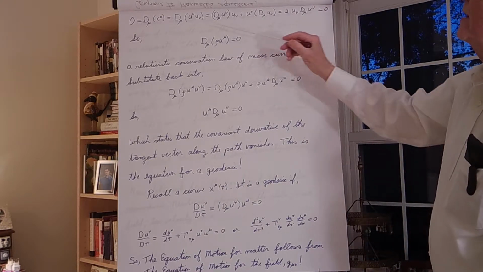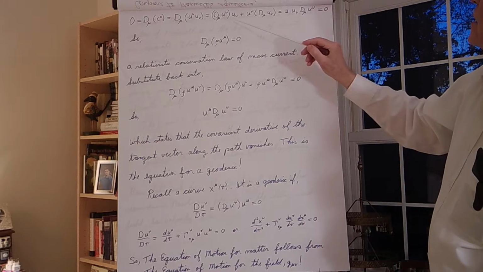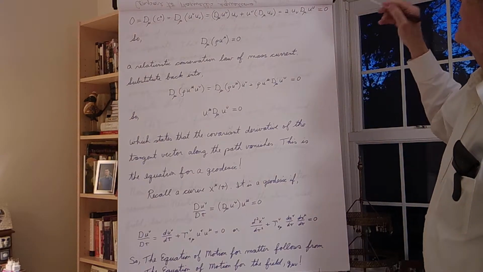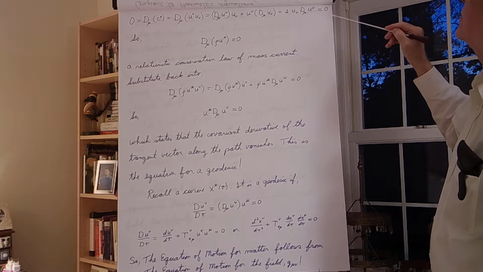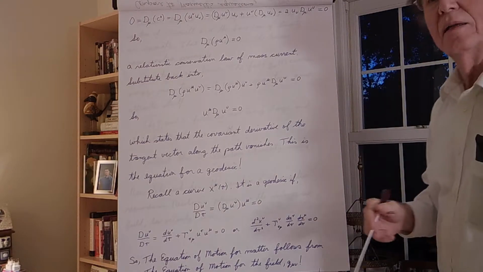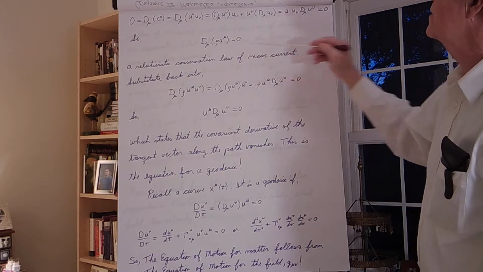Then I distribute my derivative across the two terms, and I see that they're identical, and they are of the form u sub nu, d sub mu applied to u upper nu. That's exactly the second term I had. So that term goes away, and I learn a conservation law.